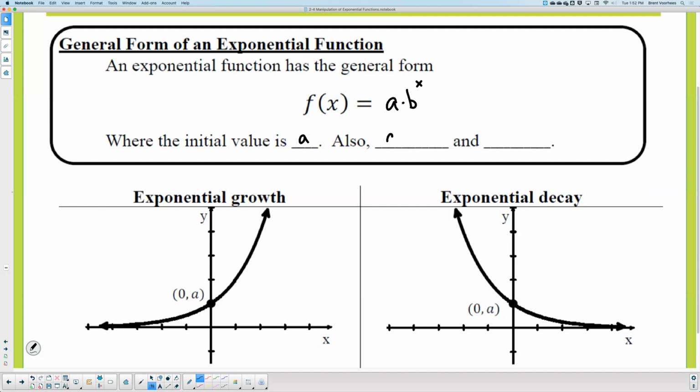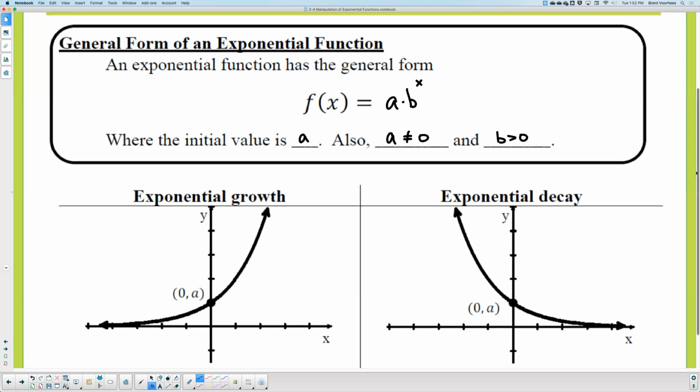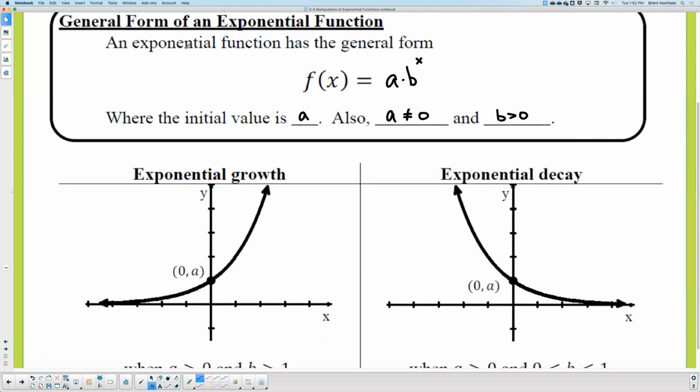Also, a cannot be equal to 0, and your base needs to be greater than 0. Now, this is for exponential functions. A geometric sequence can have a negative base, but for exponential functions, the base has to be greater than 0. That's going to be a little bit of a difference.